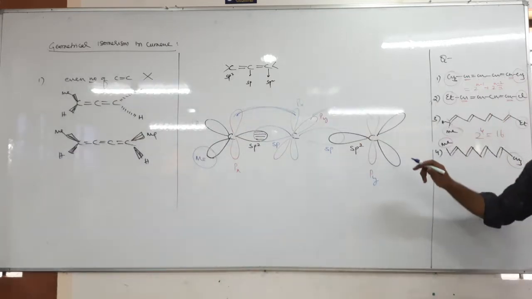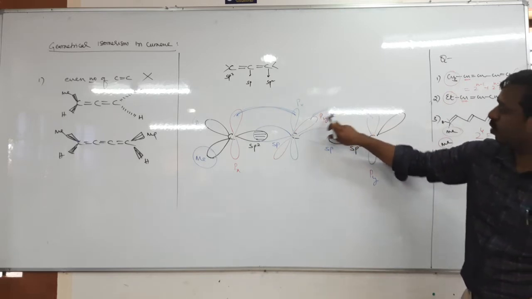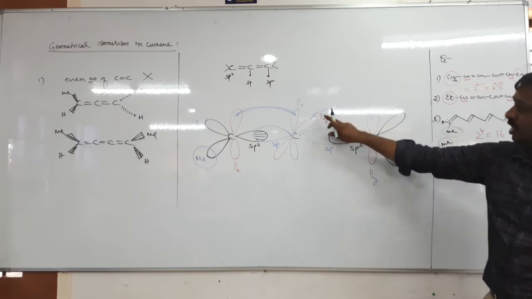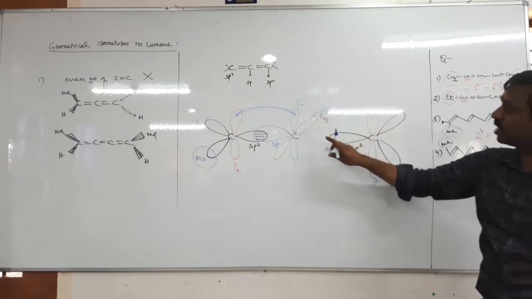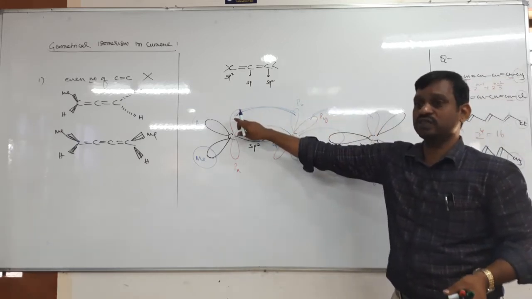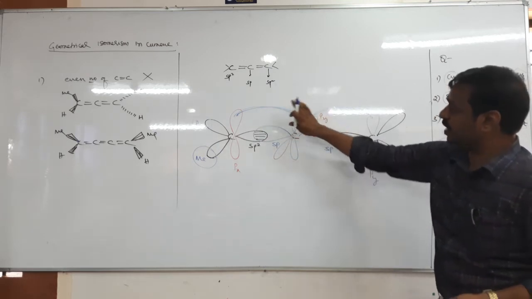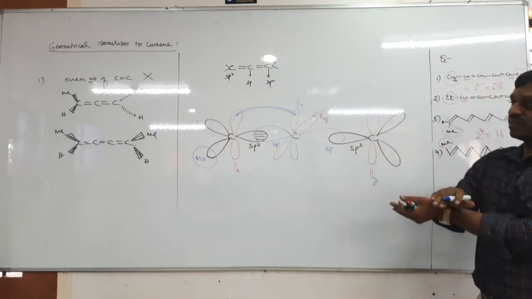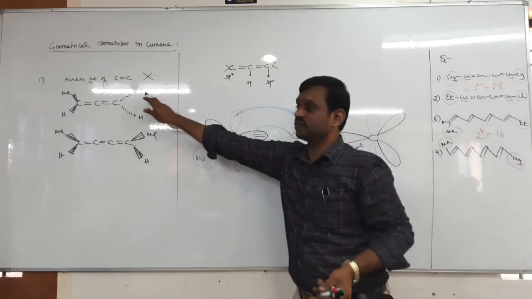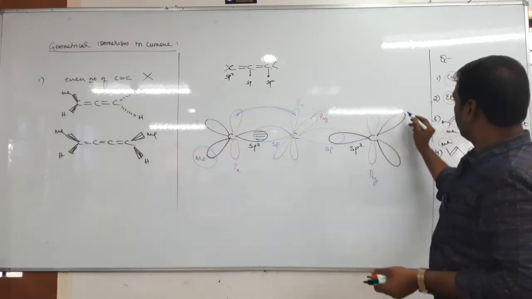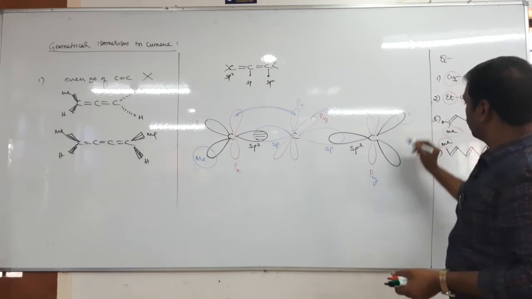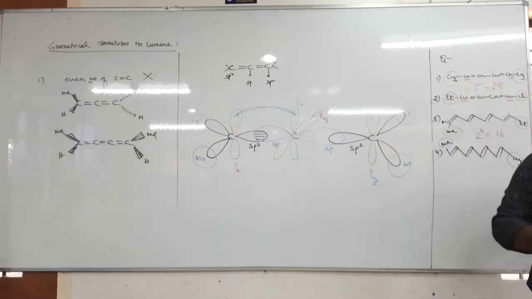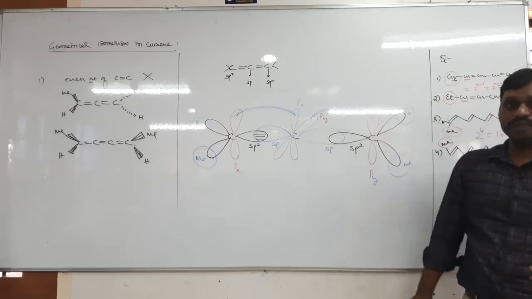Why? The pi bond is formed by overlapping of py, and this py overlapping is always perpendicular to px. That's what, if the px is on the plane, the other comes out of the plane. So this hydrogen and methyl come out of the plane because of this overlapping.